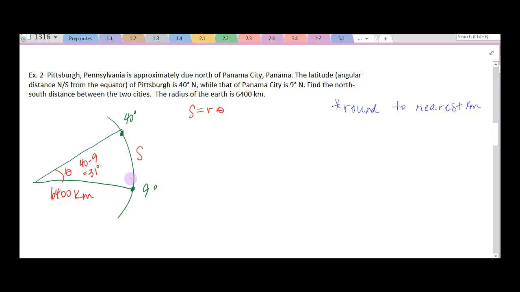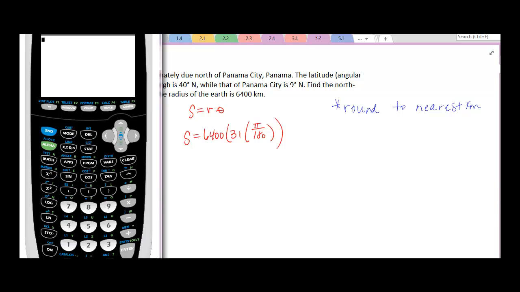So now that we have the pieces we need, let's plug it into our formula. S is equal to the radius, which is 6,400, times 31 degrees, but don't forget, in arc length, theta must be in radians, so I'm going to multiply by pi over 180, and I can plug all of that information into my calculator at one time.